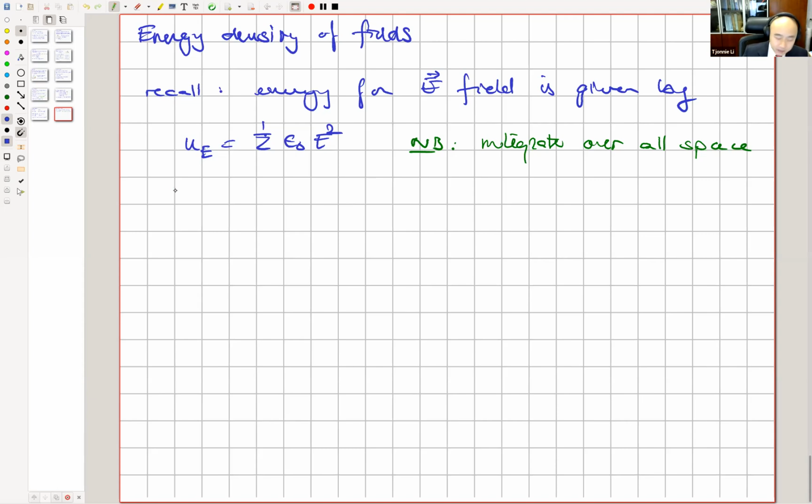Okay, the reason is because the magnetic field itself does no work. So if I consider, for example, the force, there's no work on charges.